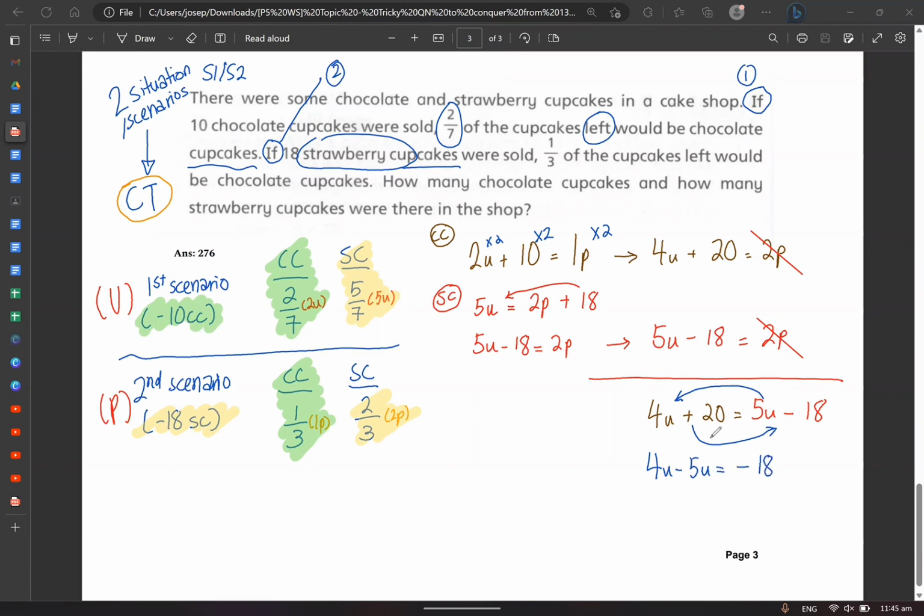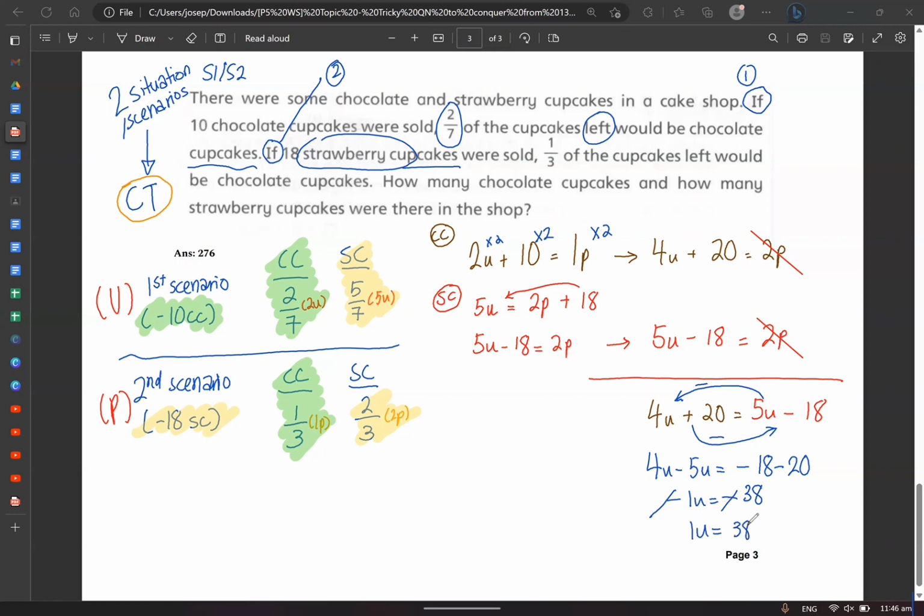When you bring the 20 over, you minus 20. When you bring 5 units over, you minus 5 units. So negative 1 unit is equals to, what is negative 18 minus 20? Negative 38. Understand? You see negative on both sides, you can cancel them away. Make sense? So my 1 unit is 38.